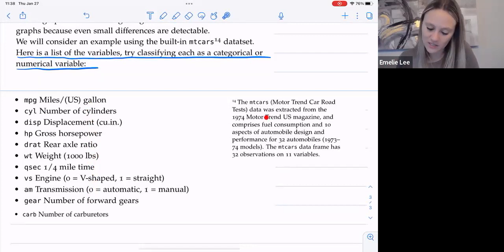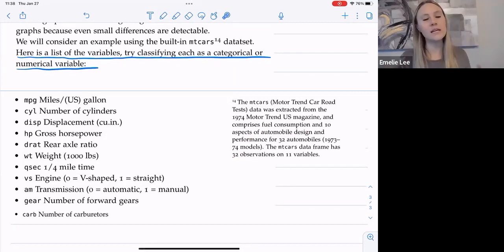But the mtcars data set is data that's extracted from the 1974 Motor Trend US magazine, and its focus is on fuel consumption and 10 other aspects of cars, I guess. And so there's 32 observations on 11 variables. So already I know that we have 32 rows and 11 columns.